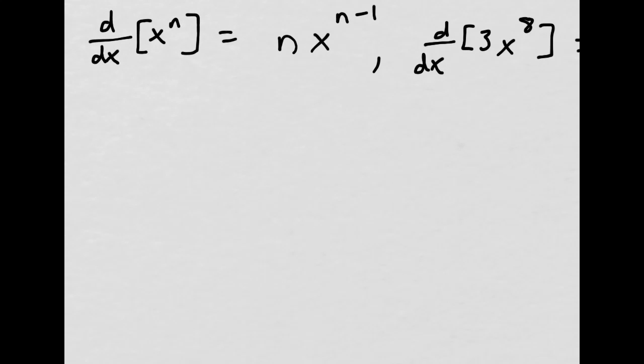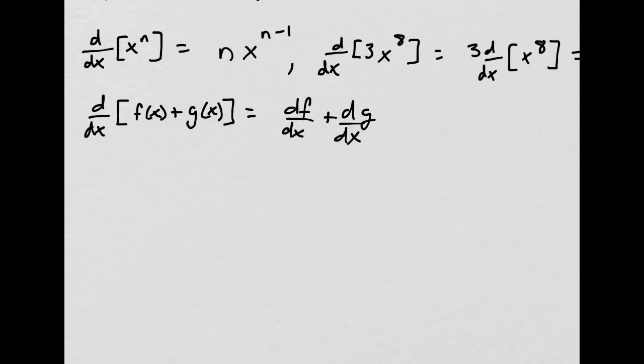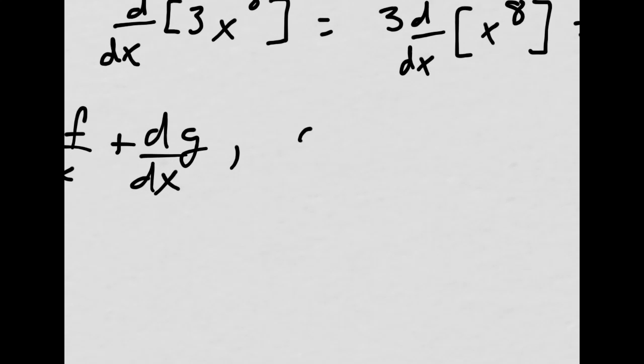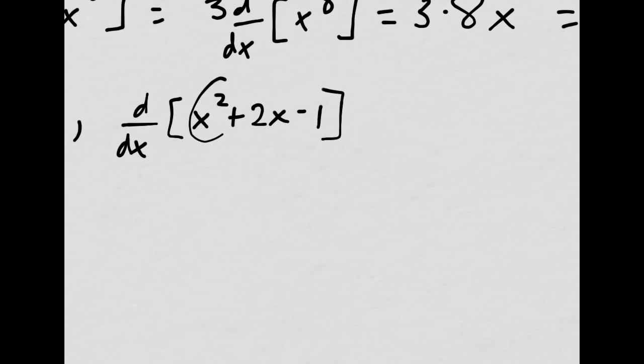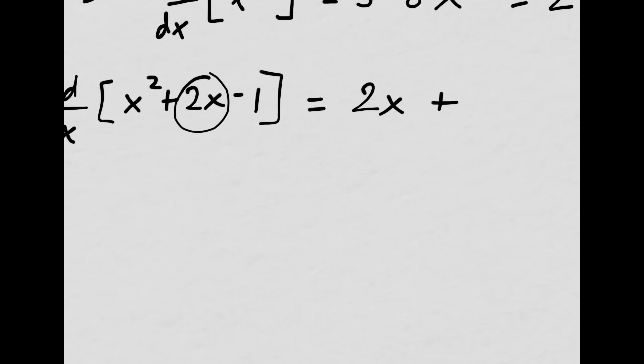Also, if you're adding two things together, you could just take the derivative separately. That's pretty simple. So if you have a polynomial, maybe you take the derivative of x squared plus 2x minus 1. You can just take the derivative of x squared, which is 2x raised to the 1 power, plus the derivative of 2x.